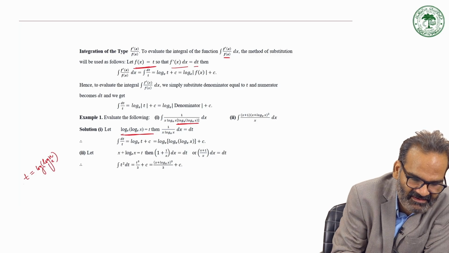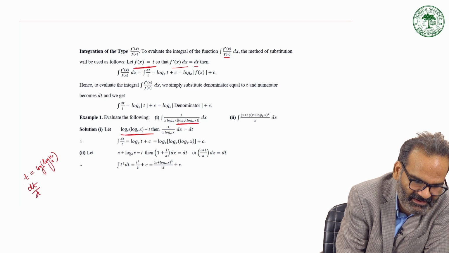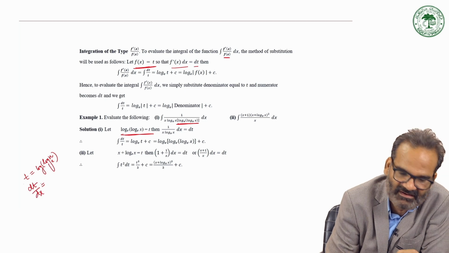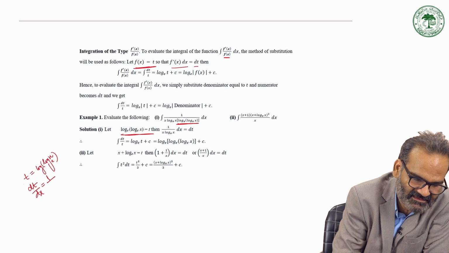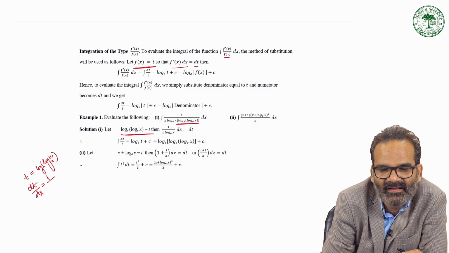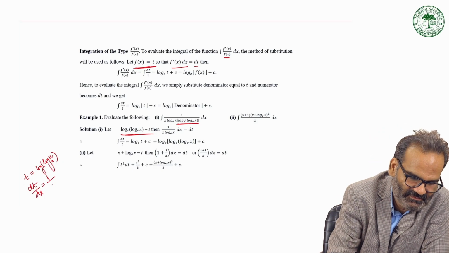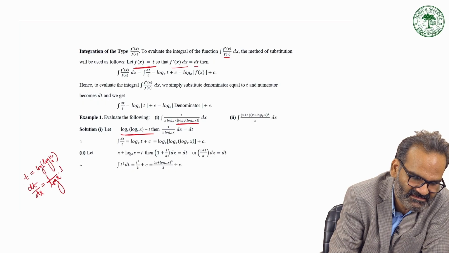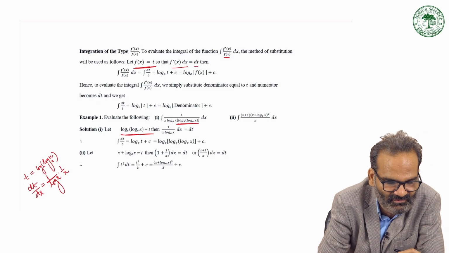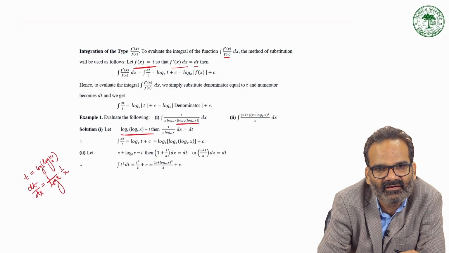This we have taken as t, right? So what is the value of dt over dx? Find out its derivative. The derivative of log x is 1 upon x. Here in place of x we have log x itself. So we will get log x into the derivative of log x. So we will get here dt over dx as 1 upon x log x, right?